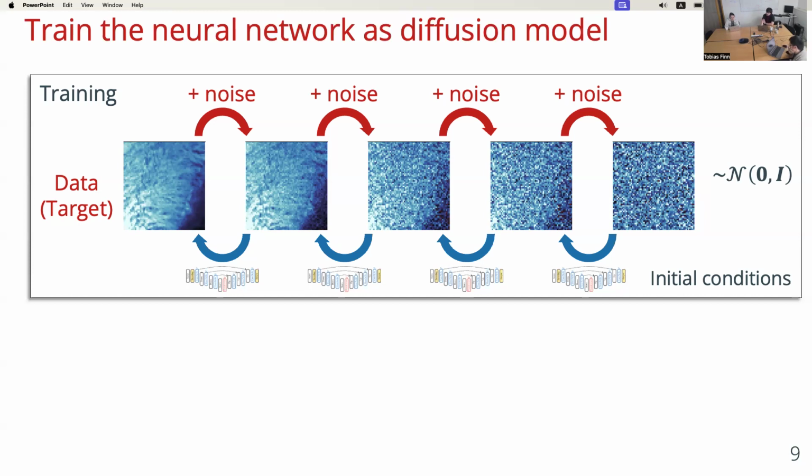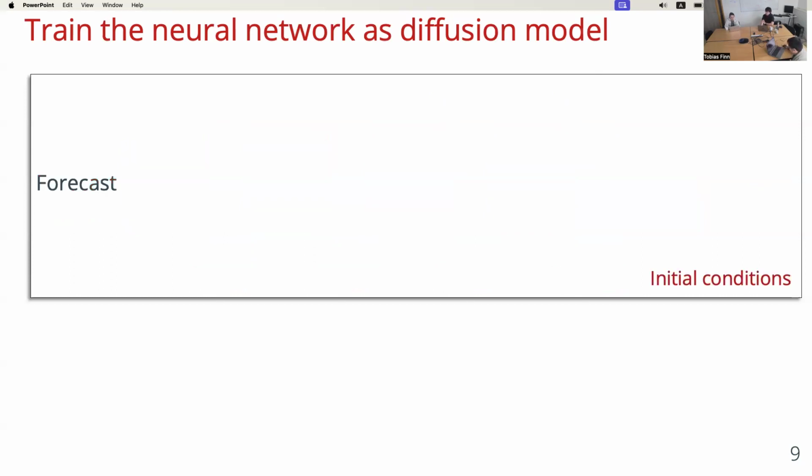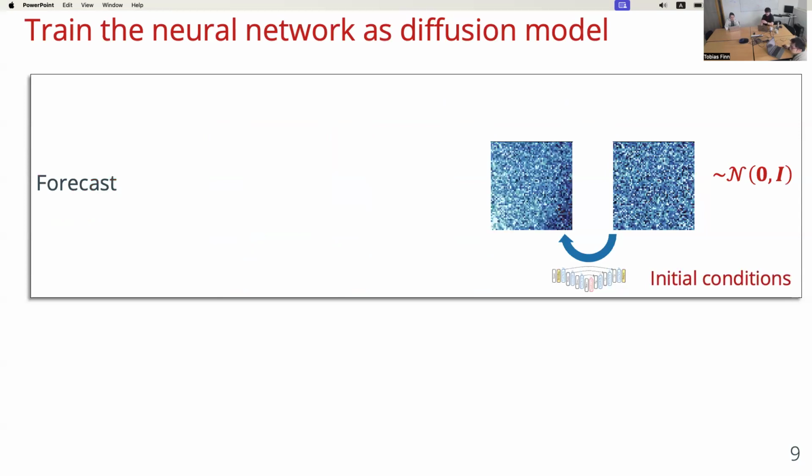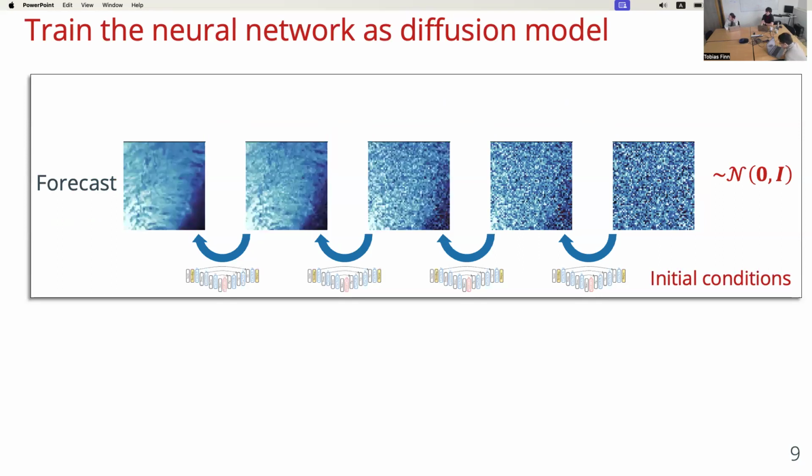And then if we want to forecast with our neural network, we have our initial conditions and we want to reach the forecast. What we do then is sample noise and then apply our neural network. And instead of applying it just once to denoise, we apply our neural network several times to denoise until we reach our forecast.